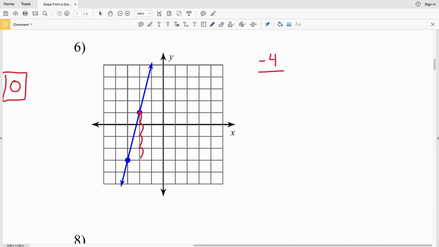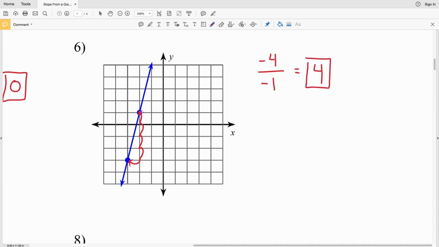And we need to go over 1 to the left, which is negative in the run. So that's a negative 1. Negative 4 over negative 1 is a positive, since a negative divided by a negative is a positive. So the slope for number 6 is a positive 4.